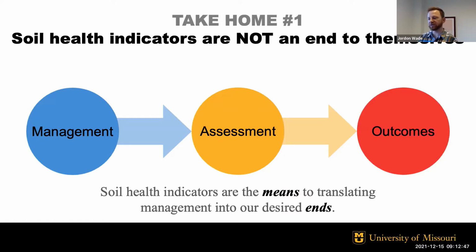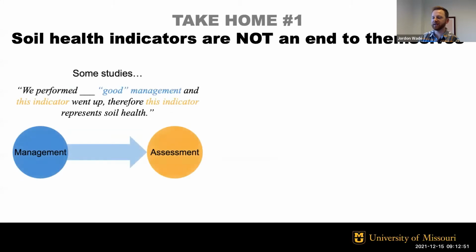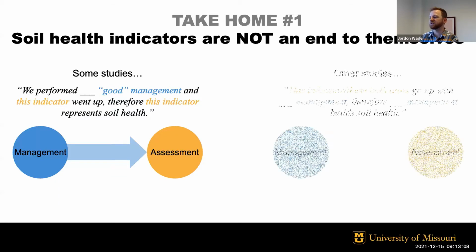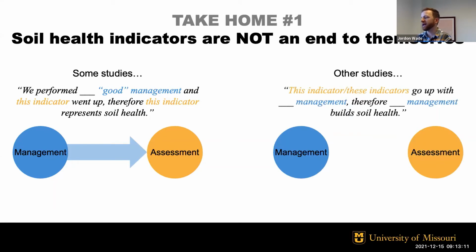Now, this doesn't always show up when folks are talking about it, because sometimes they will say, we performed X, Y, or Z good management, and our indicators went up. Therefore, this indicator represents soil health. So they're saying this indicator captures the change in soil health from management. But then sometimes other people will say, hey, when these indicators go up with this change in management, that means this management is good.